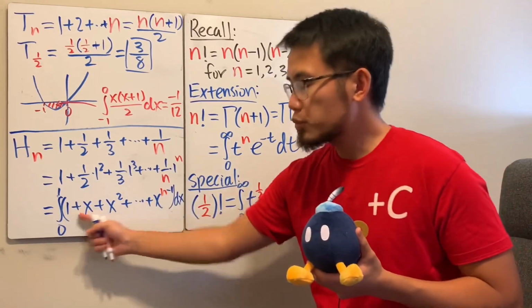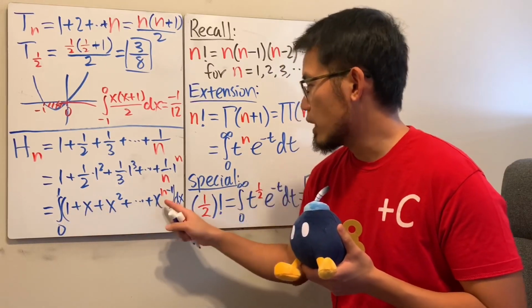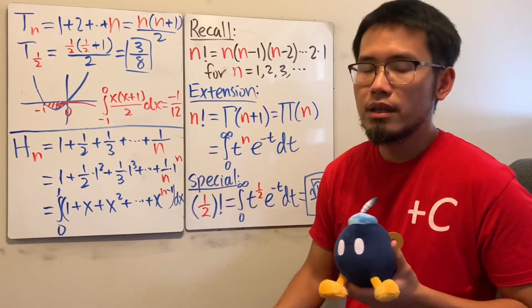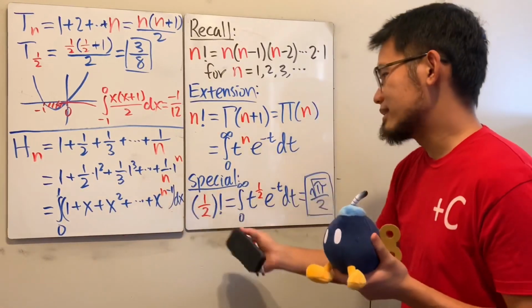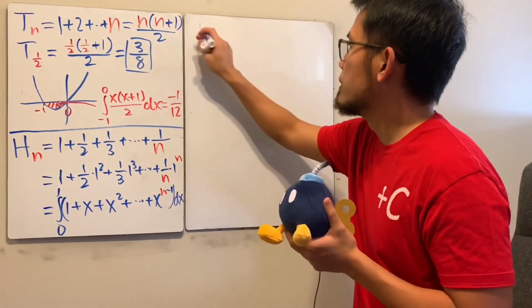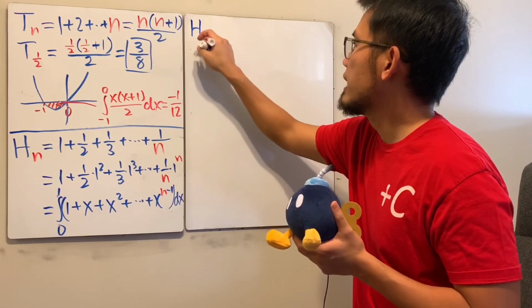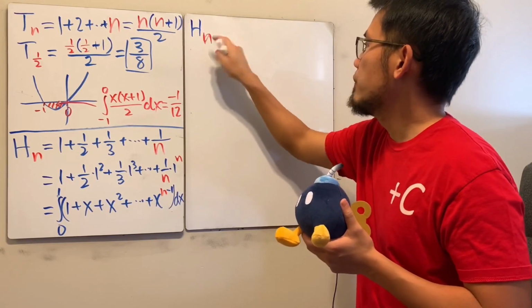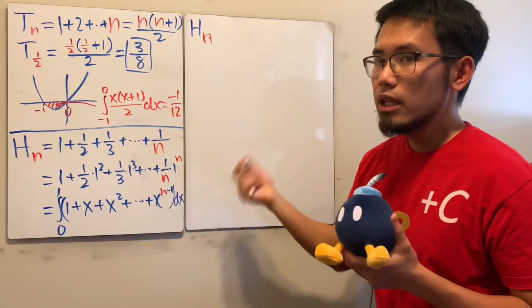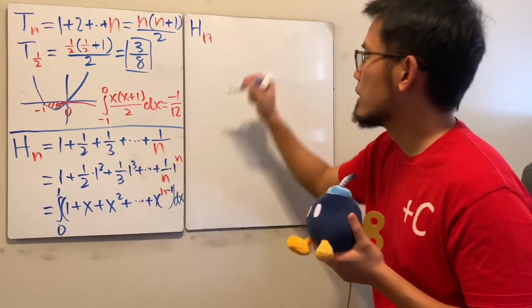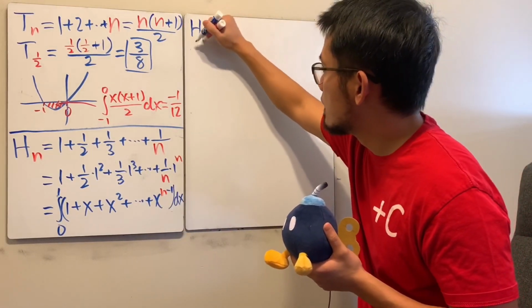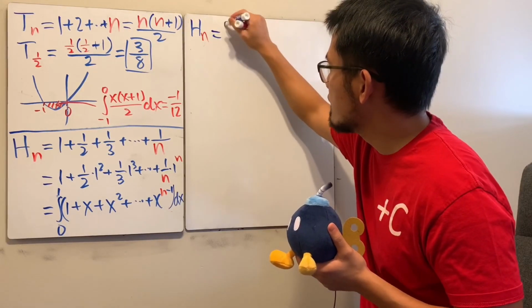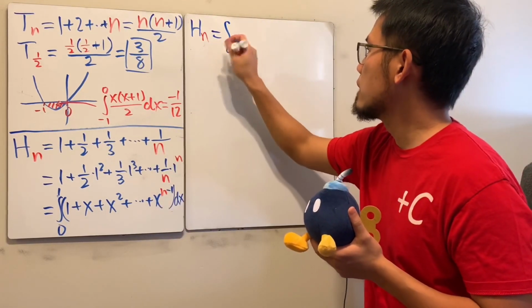And now, this right here is just the sum from 1 to x to the n minus 1. It's just like the best friend, but this is the finite version of it. I'll put this down: Hn, again, the harmonic number. If you would like, here is the integral extension for this, which is just the integral going from 0 to 1, right?